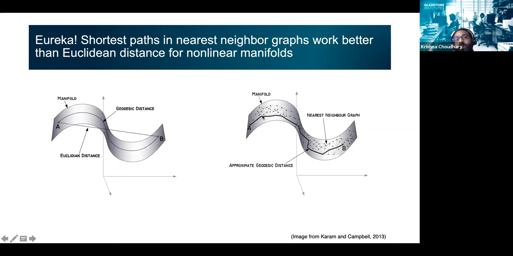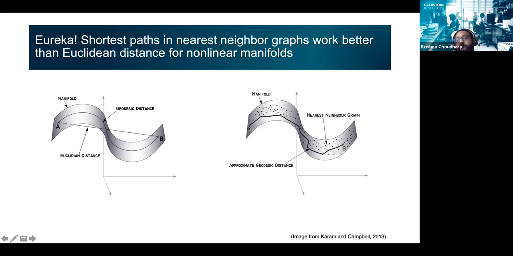So the breakthrough in ISOMAP, or the advance, was that instead of looking at the straight line distance, as in the Euclidean distance between any 2 points, what we can do is first create a nearest neighbor graph, where we connect each point or each cell with a certain number of nearest neighbors, let's say 10 nearest neighbors.